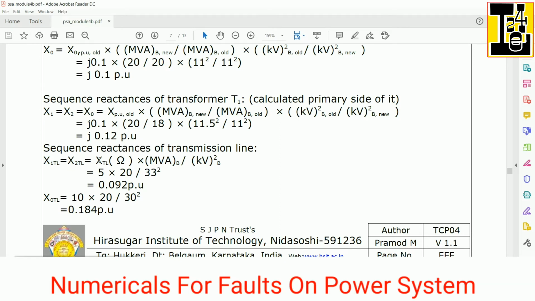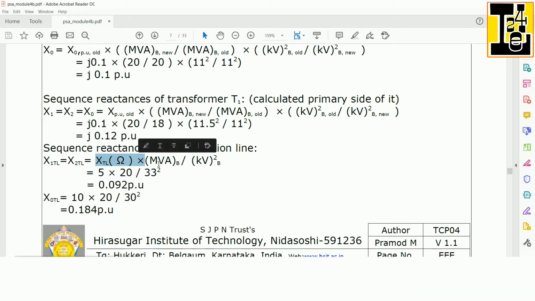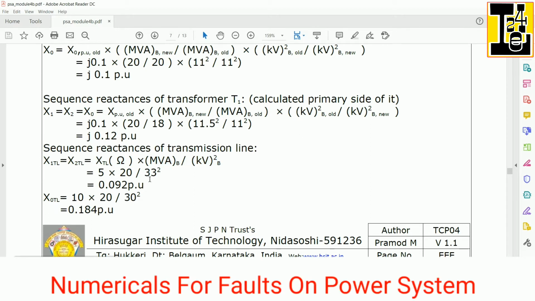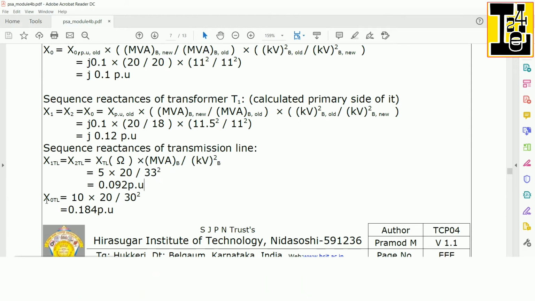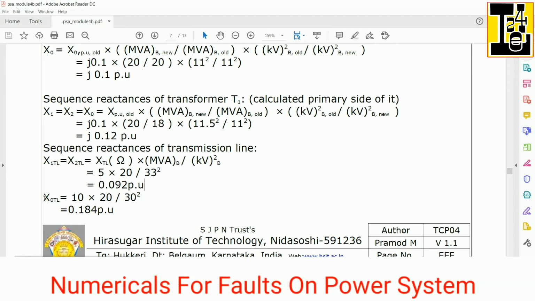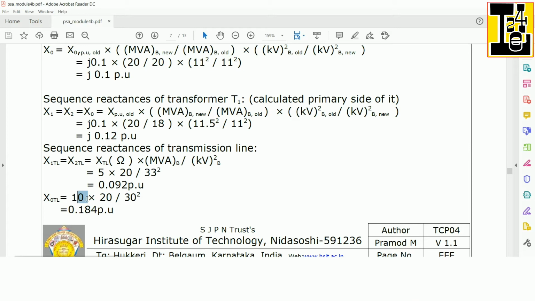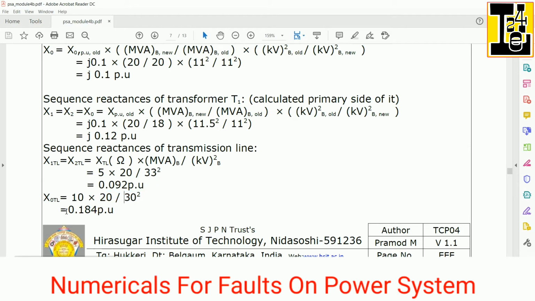By using this formula, X transmission line in ohm into MVA base divided by kV base square, we can calculate as 0.092 per unit. We can also calculate the zero sequence reactance of the transmission line as equal to 10 into 20 divided by 33 square, which is equal to 0.184.